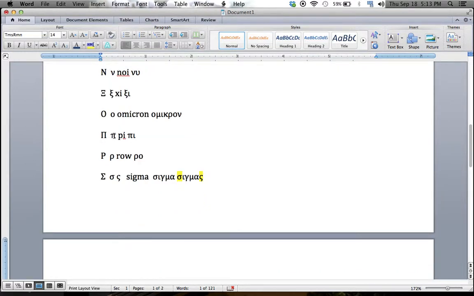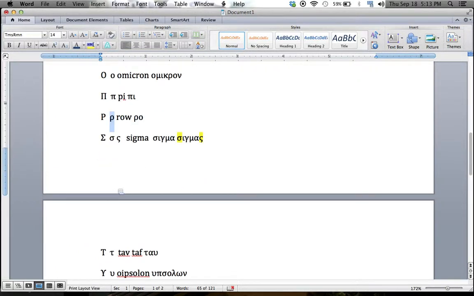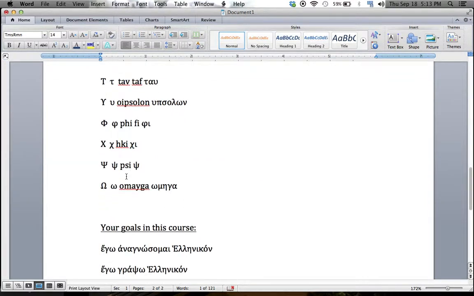Pi, you just got used to, that's the P sound. So rho, you've got to not mix up with a P, it's an R. And then sigma might give you a little trouble, so focus on that also. Other than that, omega at the beginning, end, or middle of a word is O. It just always makes the long O sound.